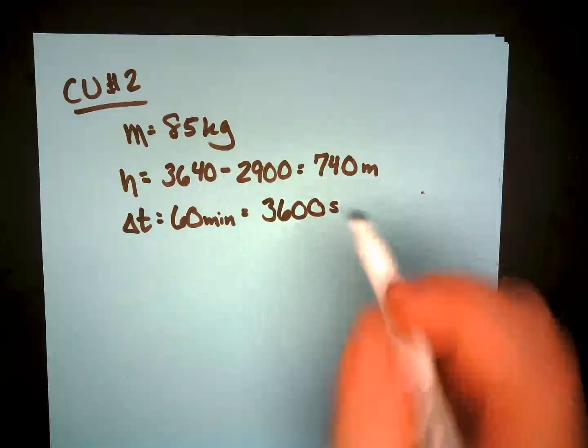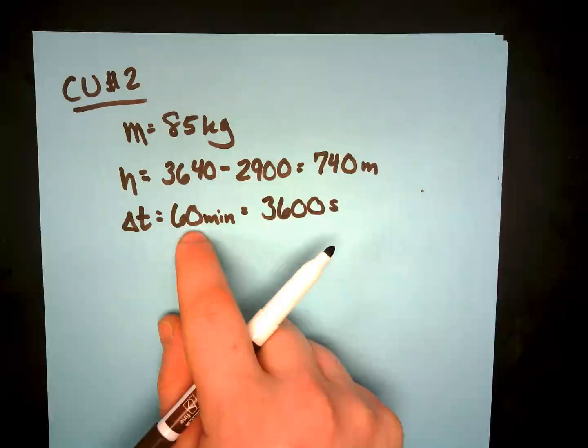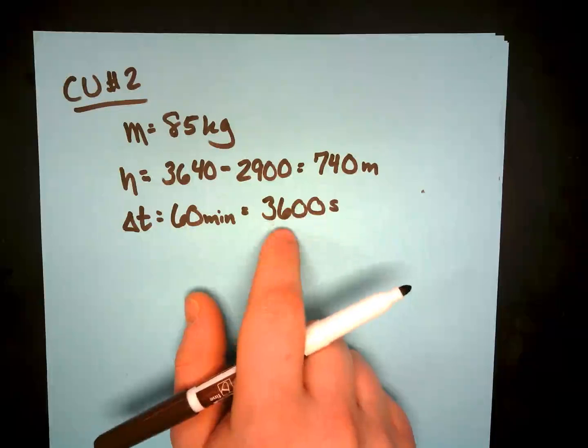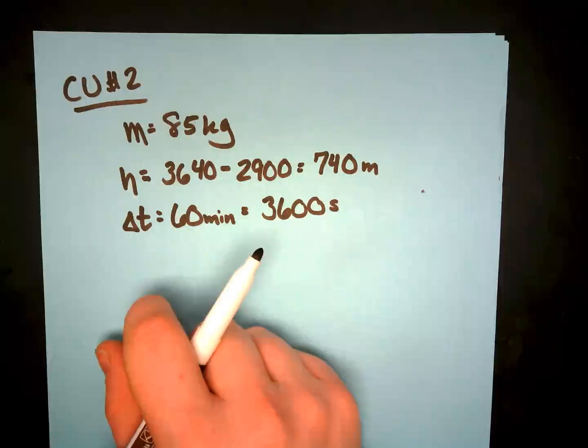There are 60 seconds in a minute, so 60 times 60 is 3,600 seconds.